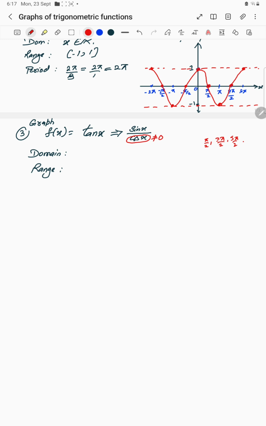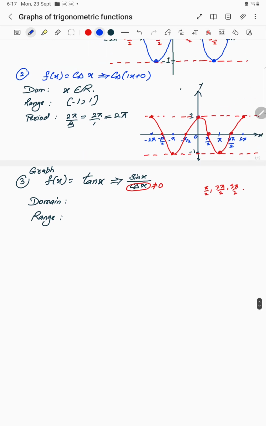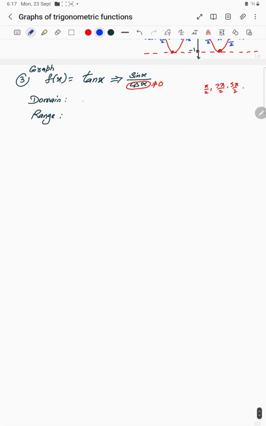So at these values the function will not be defined, so we can write the domain as set of real numbers excluding the odd multiples of pi by 2 where n belongs to integers. Right, this is the general format to write a domain of this one, and range definitely is from minus infinity till plus infinity.